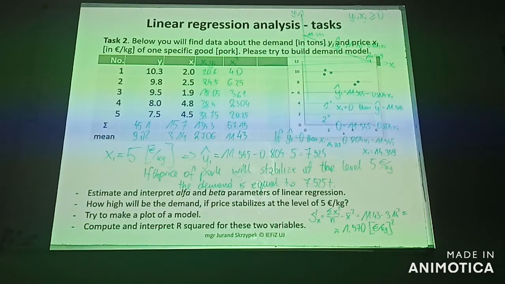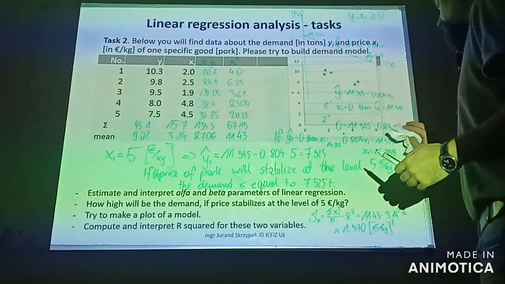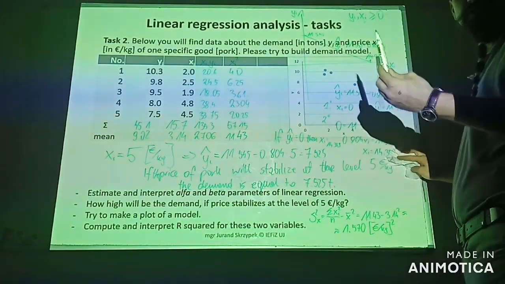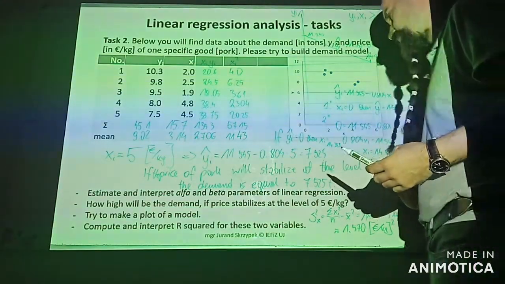Okay, and the last one: compute and interpret R squared for this variable. So please evaluate the degree of fit, of match of the model to the empirical data.